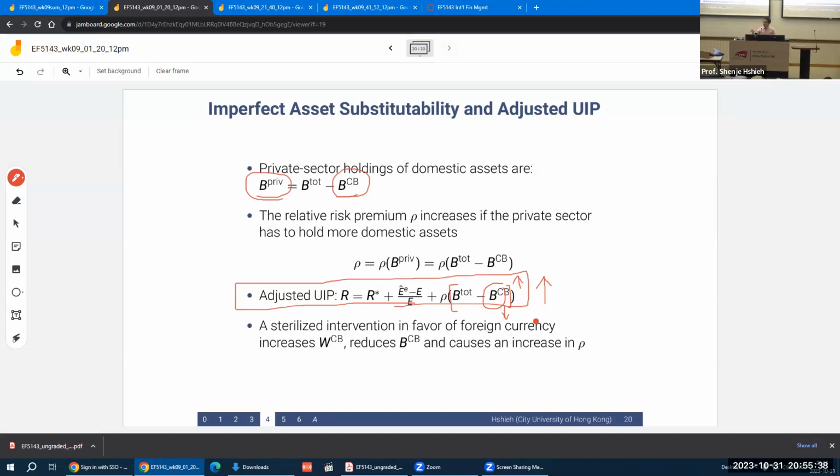If a country has more relative risk than before, you can think of UIP being violated like this. What's going to happen to E then? E has to move in a way that restores parity. That's only possible if the entire right-hand side decreases, and the only way it can decrease is if the nominal exchange rate increases.